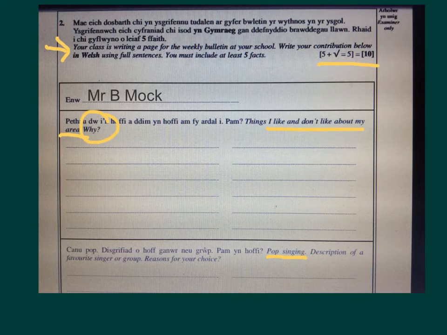This is true of both boxes. However, the second box asks us to talk about our favourite also. So that gives us an opportunity to use a different sentence pattern if we're struggling with the first box.